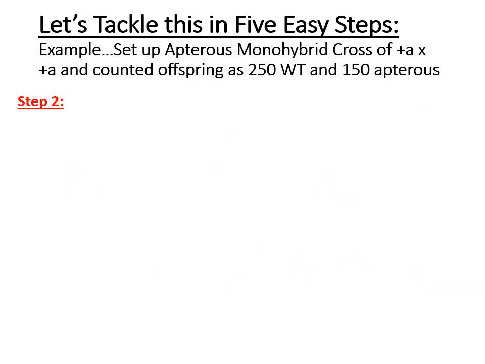So now we get to everyone's favorite step out of the 5 steps because it is the easiest. In step 1, we calculated the expected number of offspring for each of our phenotypes. But when we first introduced chi-squared, it wasn't just expected in that formula. What else was there? The observed number. So step 2 is to note the observed values for each of your phenotypes.